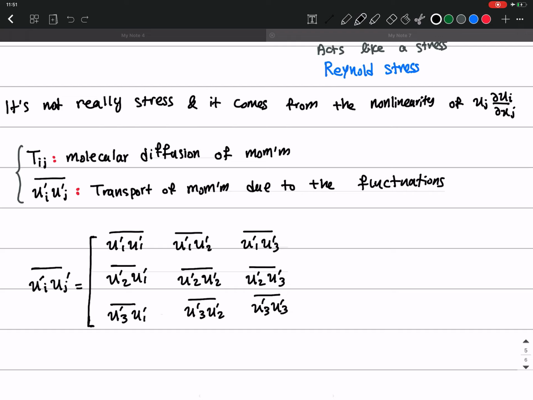Okay, so these are all the elements of this tensor, and we know that xy bar equals yx bar. There is a symmetry here.